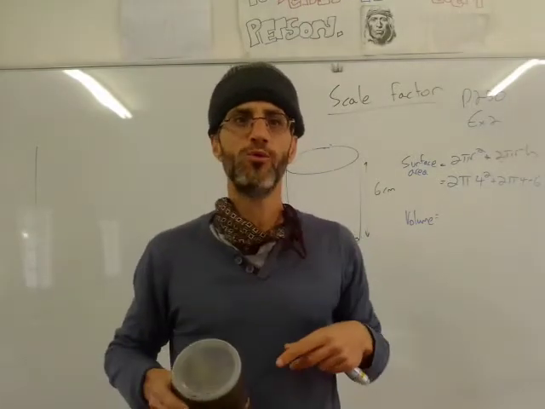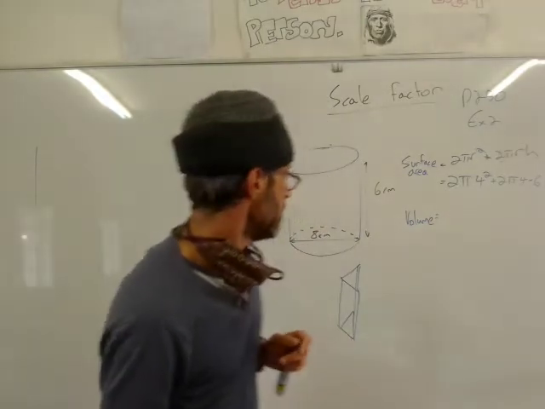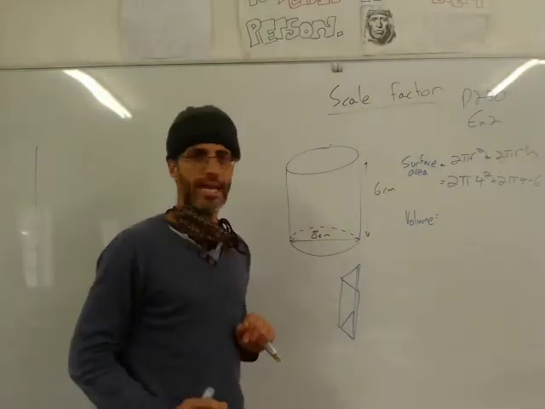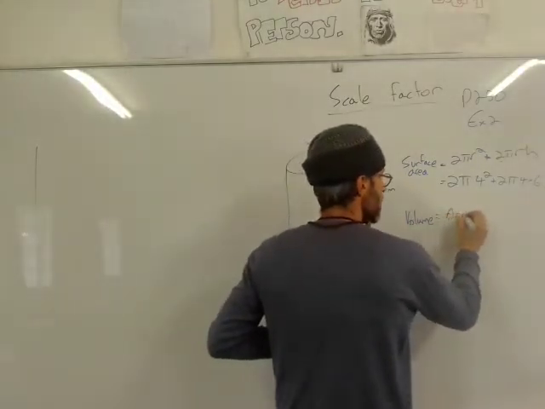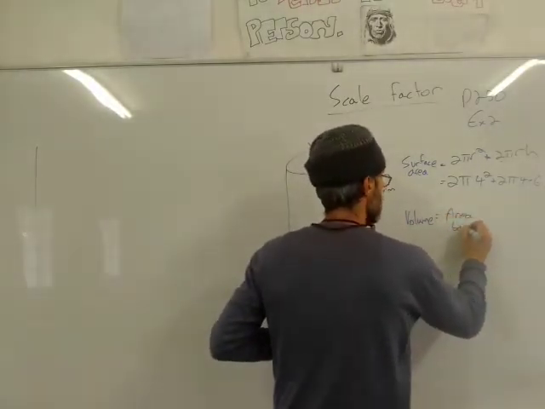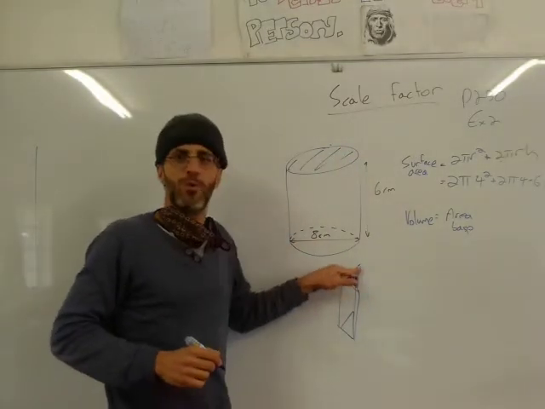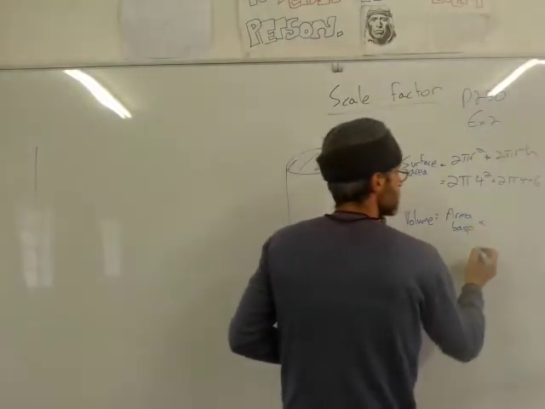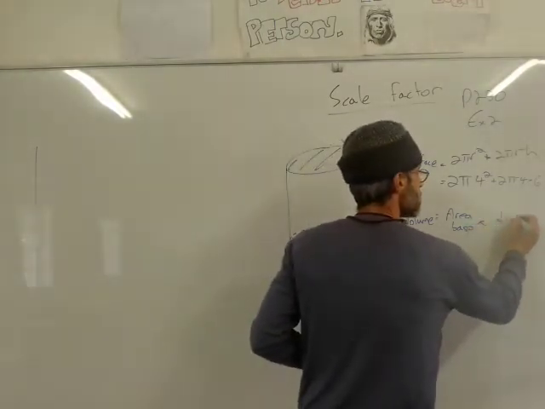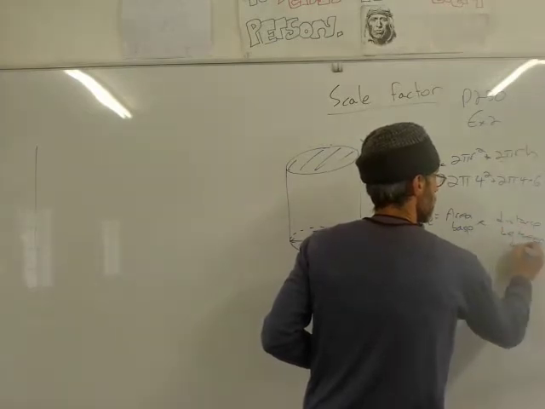This year we're going to move on to things that don't have a top and a bottom, like a pyramid. But a way of calculating the volume of all prisms is always to find the area of the base. In this case it's this circle. In a triangular prism it will be the area of the triangle. So find the area of the base and then times it by the distance between the bases.